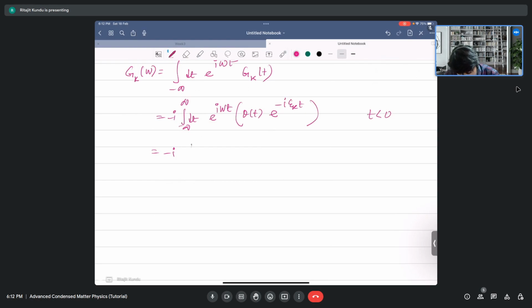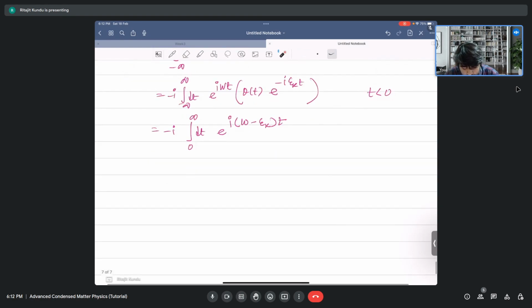That actually reduces the limit of this integration. It makes it 0 to infinity. So, integral dt e to the power i(omega minus epsilon_k)t. This simplification has given us just this term, and you can do this integration.